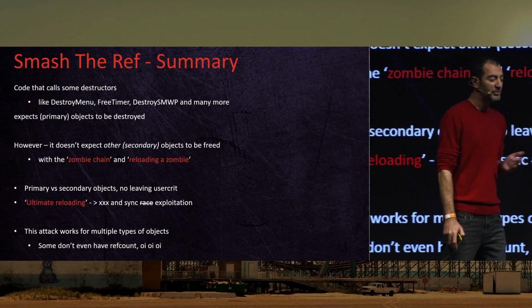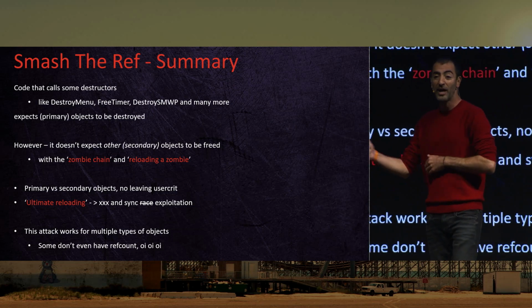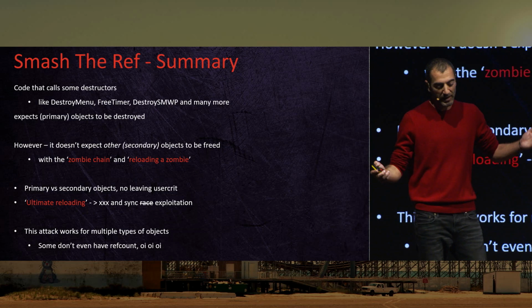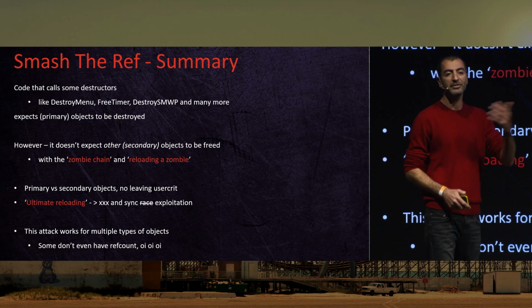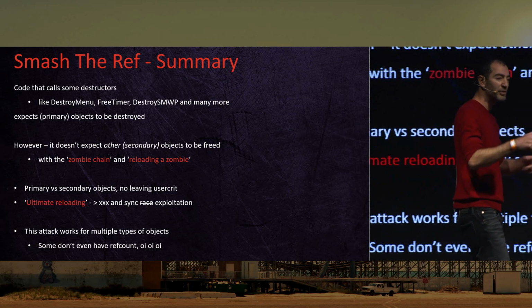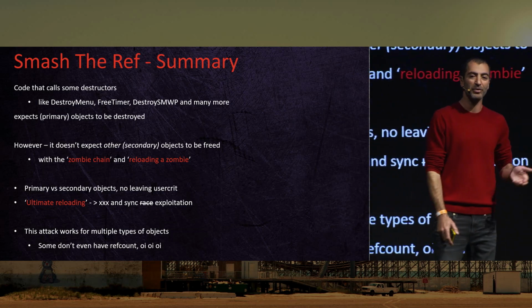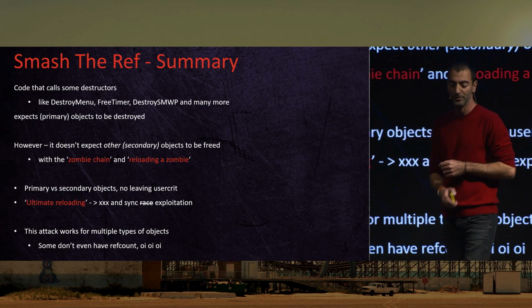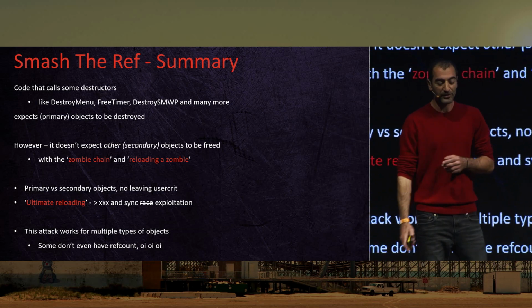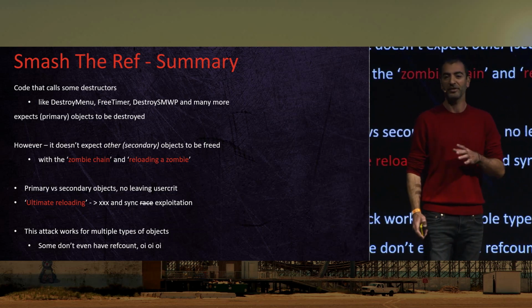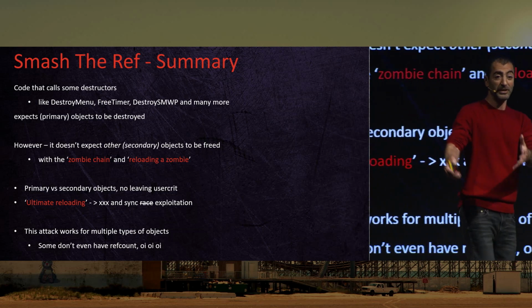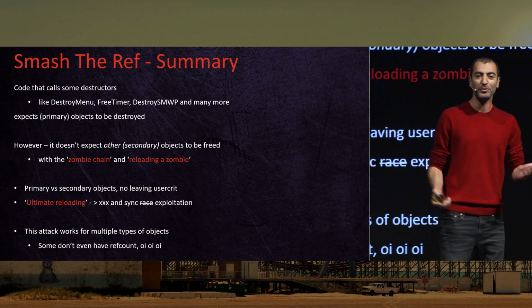Microsoft themselves decided to call it primary versus secondary. And remember that it doesn't leave the crit, and the only way to do it is with the crazy trick with the user mode allocation pointer. The crazy thing about this design flaw is that it is a design flaw, so I'm very lucky to be finding it.